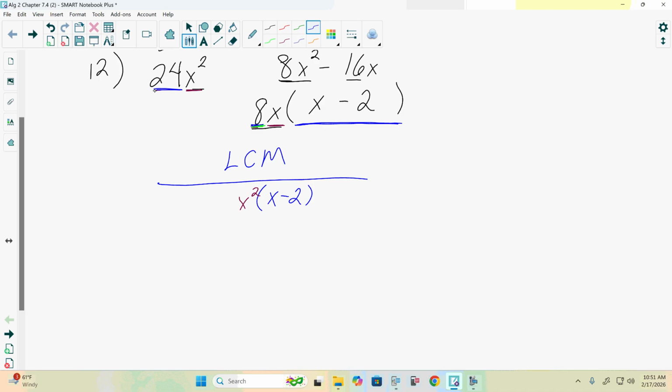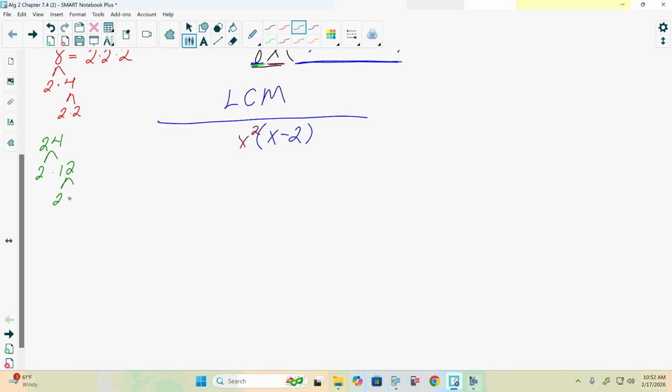First method is that we factor down 8 and 24, look at the common factors and go from there. And to do that, 8 is 2 times 4. 4 is 2 times 2, telling us that 8 is going to be 2 times 2 times 2. We'll do the same thing with 24. 24 is 2 times 12. 12 is 2 times 6. 6 is 2 times 3. So 2 times 2 times 2 times 3.